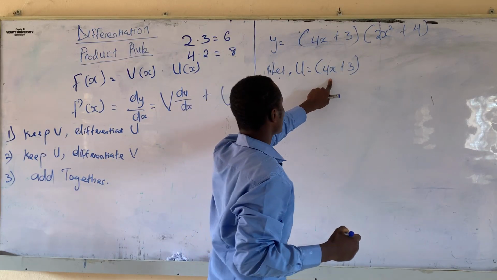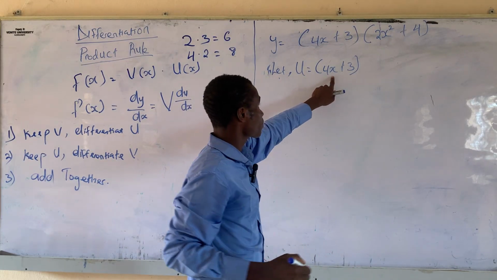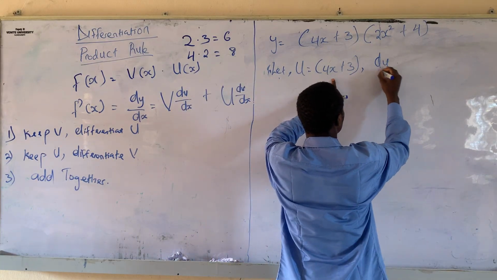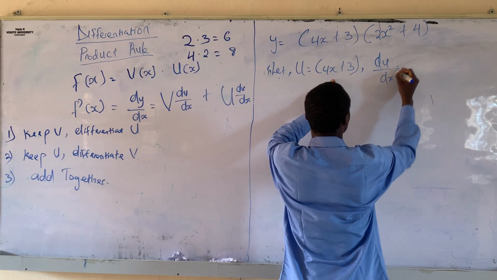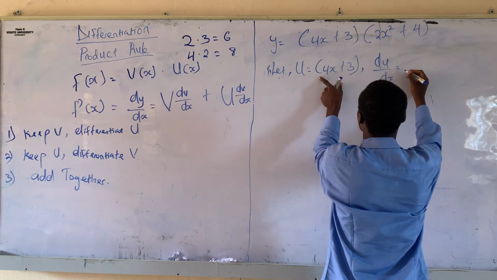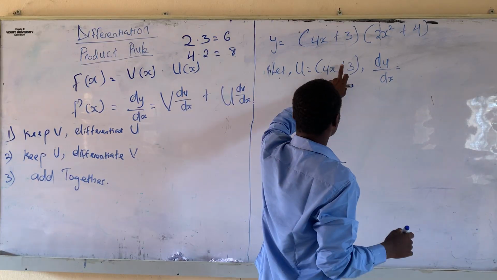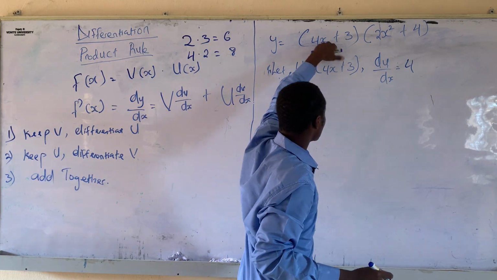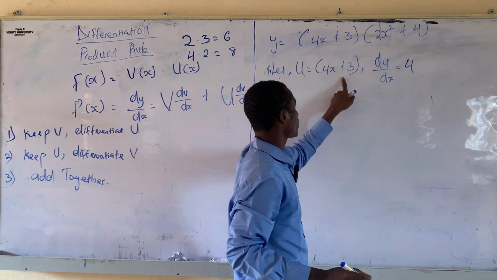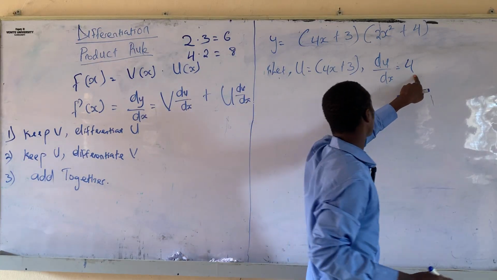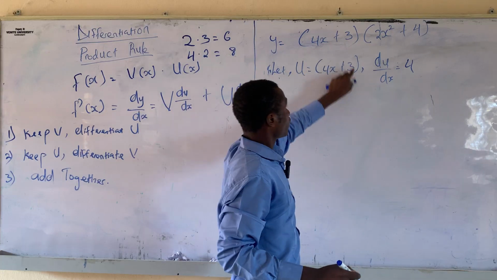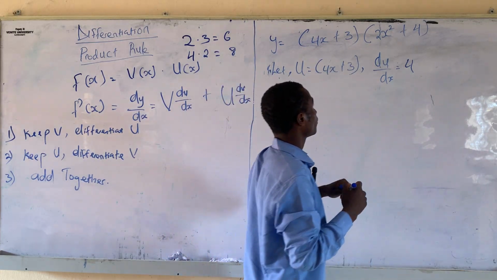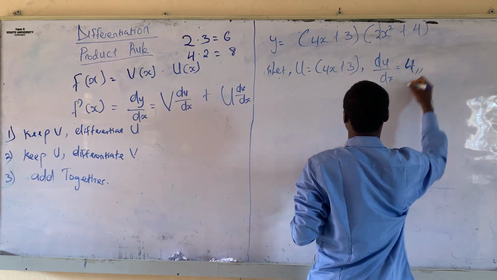Then if we differentiate u with respect to x, it becomes du over dx, which is equal to 1 times 4, which is 4. 1 minus 1 is 0. x raised to power 0 is 1, and 4 times 1 is 4. Then 3, if we differentiate a constant, the result is always 0. So we have 4 here.